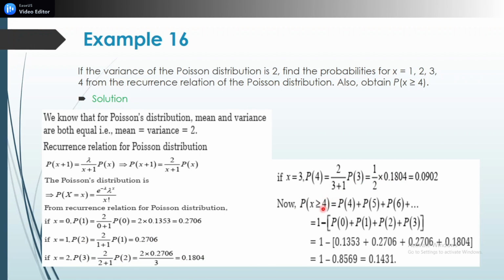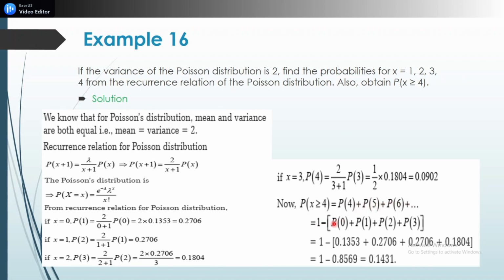Finally, we find the probability when x is greater than or equal to 4. It is p of 4 plus p of 5 plus p of 6 until infinity. We can't count all those values, so we take the values from 0, 1, 2, and 3, and subtract from 1, because the sum of all probabilities is equal to 1.